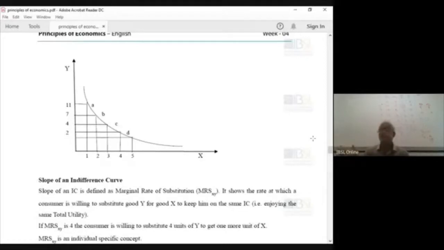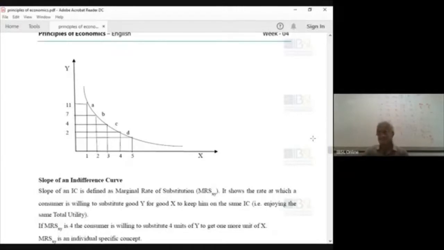Then, to get 1 unit of X, your willingness to give up Y diminishes. Why is that? You are getting more and more X, so your marginal utility diminishes. Therefore, your willingness to give up Y also diminishes. Very interesting. Then, along an indifference curve, slope diminishes. 4, 3, 2, 1. MRS diminishes.